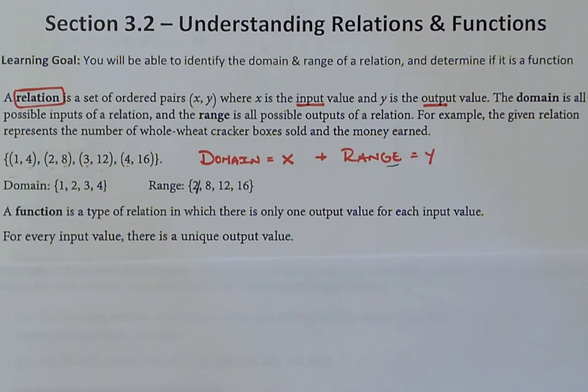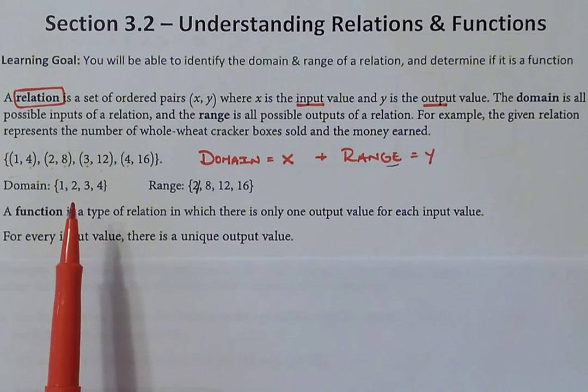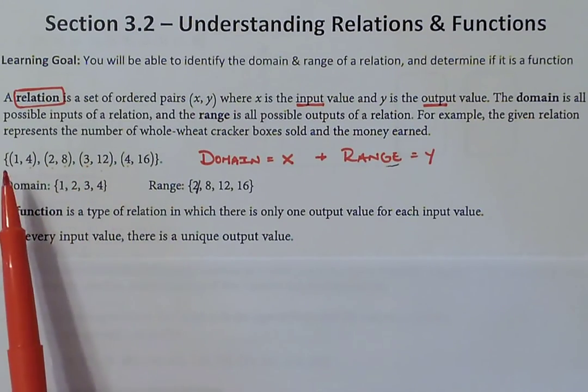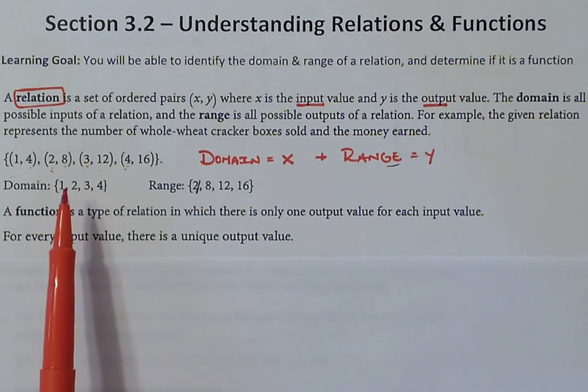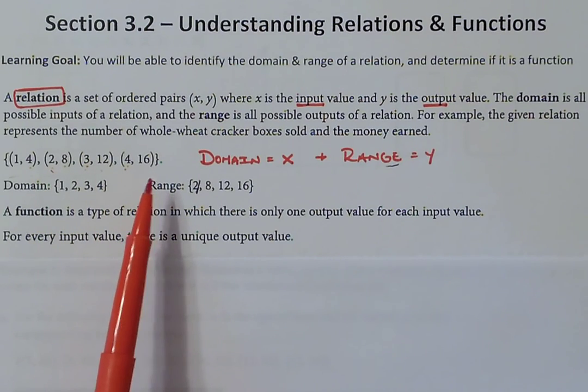To identify if something is a function, an easier way to think of it, and I'll highlight what it looks like in different representations, is that you cannot have the same number listed more than once for the domain. Okay, if I look at my relation here, I have 1, 2, 3, and 4. Did 1, 2, 3, or 4 ever repeat when I listed off the x values?